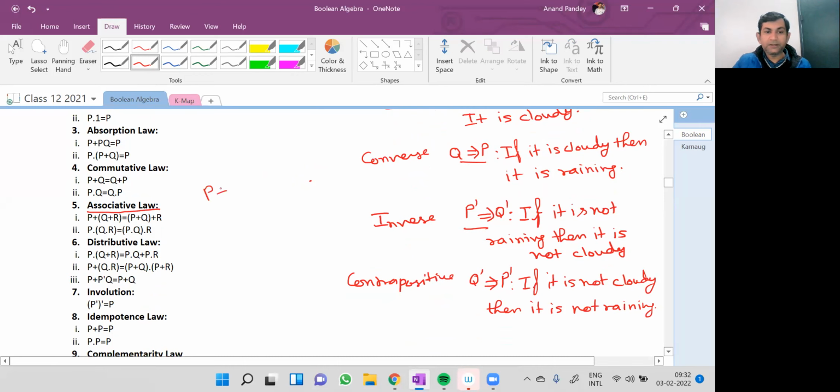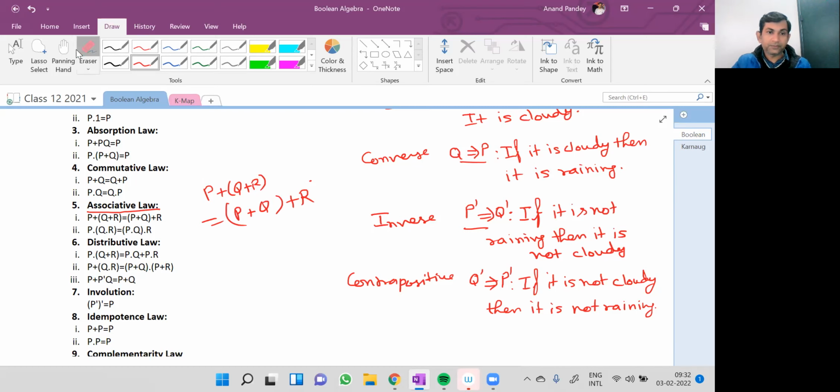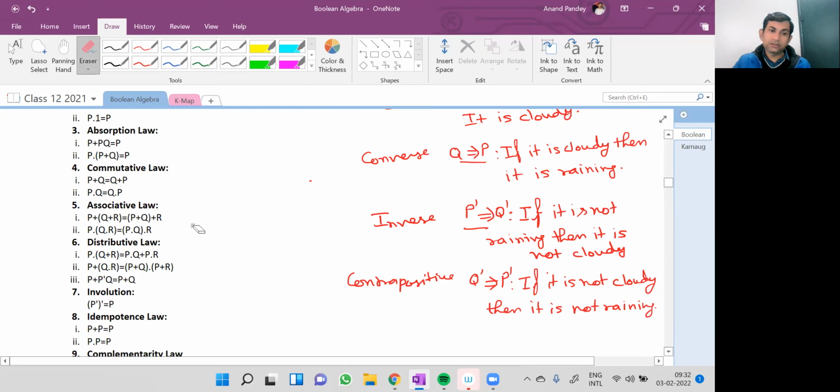As you know, P plus Q plus R can be written as P plus Q plus R. Do you know this method? This law, associative law, math में पढ़ाया गया होगा, छोटे क्लास में पढ़ाया गया होगा. Yes, sir. So the same thing. Instead of plus, here we have dots. So same associative law. ये सब तो पुरानी चीजें हैं.